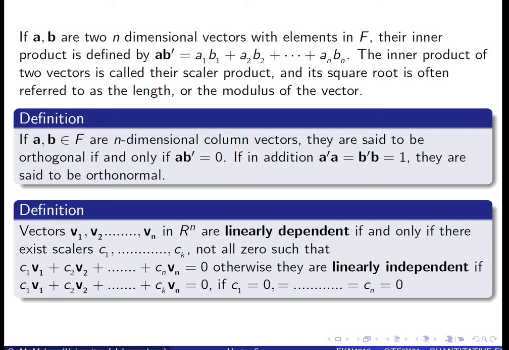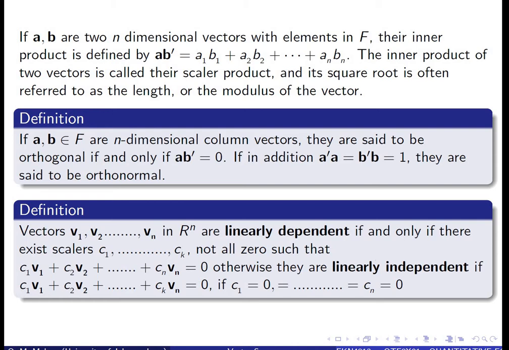The inner product of two vectors is called the scalar product, and its square root is often referred to as the length or the modulus of the vector. So our inner product is simply a scalar product because when you take a dot product of two vectors, you get a scalar.